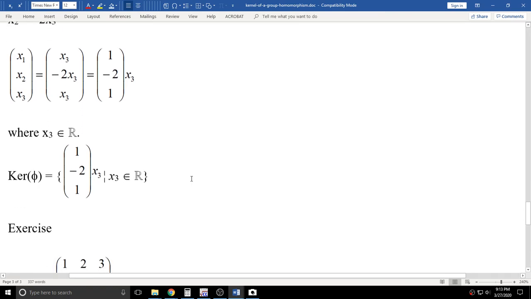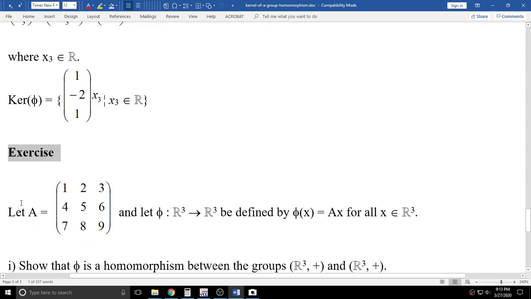Now, let's write an exercise here for the audience. The exercise is the following. Let A be the 3 by 3 matrix with first row 1, 2, 3, second row 4, 5, 6, third row 7, 8, 9. And let phi from R3 to R3 be defined by phi of x equals Ax for all x in R3.